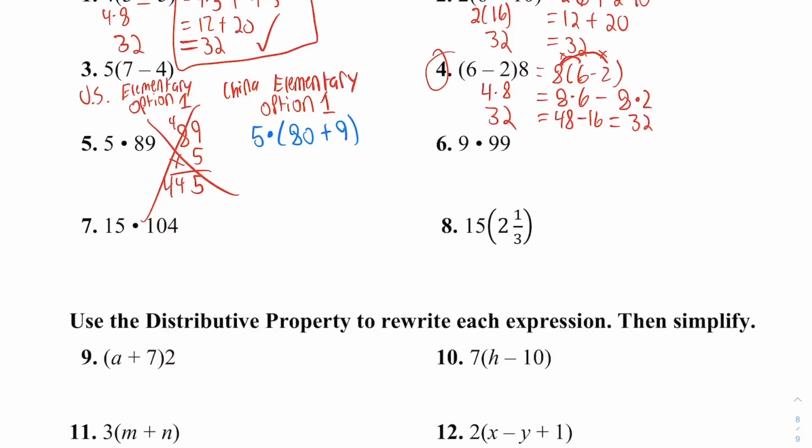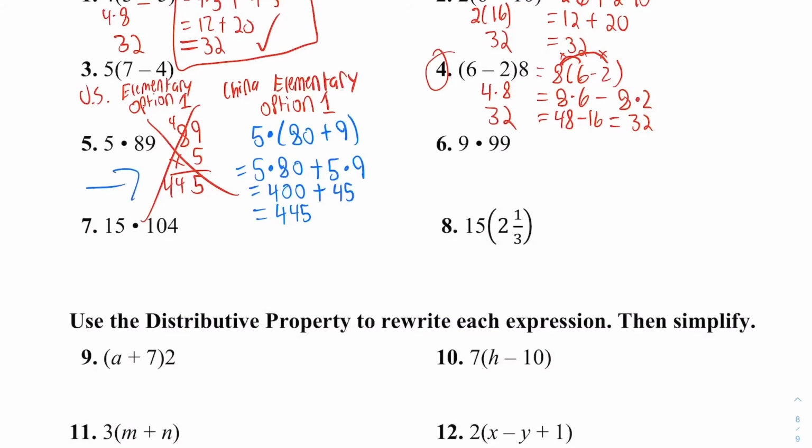If there is the number 5 outside of the parentheses, then using the distributive property, I can do 5 times 80 plus 5 times 9. And then 5 times 8 is 40, and then we're going to carry the 0. And then 5 times 9 is 45. And then we add these two numbers together to get 445.